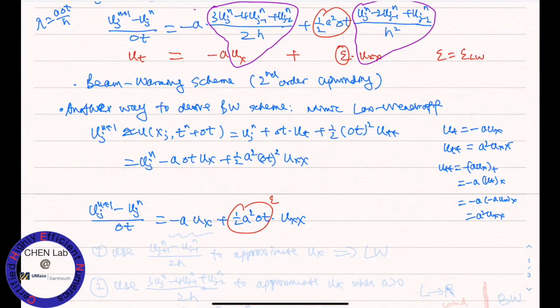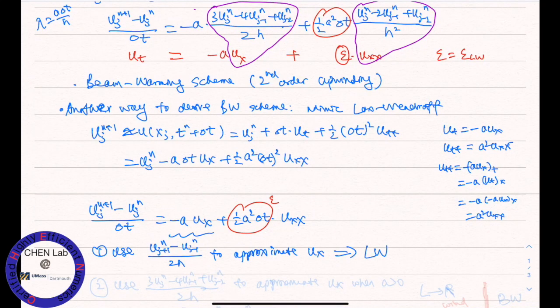So then it all depends how you discretize this term. If you use what we did for the Lax-Wendroff, we have (u_{j+1}^n minus u_{j-1}^n) divided by 2h to approximate u_x. Then we have the Lax-Wendroff.